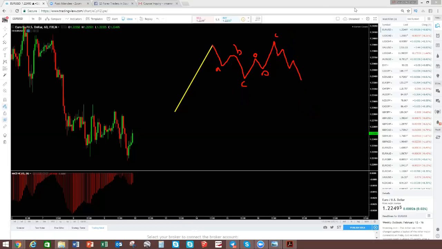This is now your ABC, a single flat structure. You see, it is still a flat correction, but this one is not a combination. It's a single flat correction. And then after that, for both, you will expect the move to carry on. So it doesn't really matter what structure you have now. You just need to know which one it is.